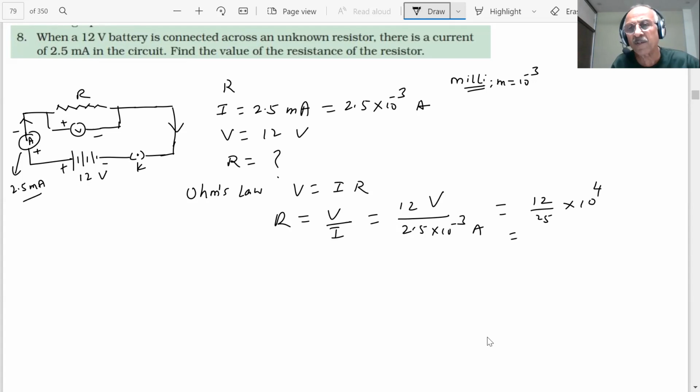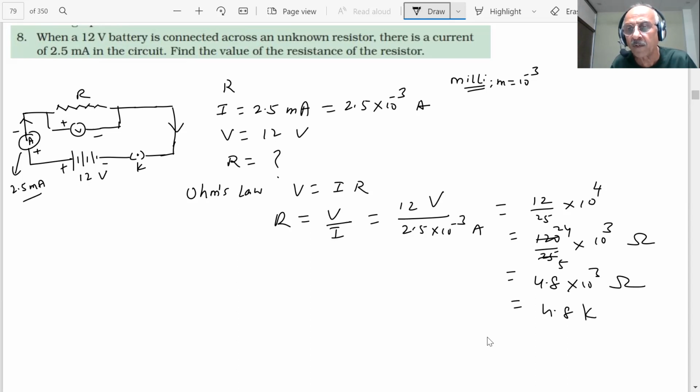So how much will that be, student? 120 by 25 into 10 power 3 ohms. So it is 4.8 into 10 power 3 ohms, or we can also say 4.8 kilo ohms. Okay.